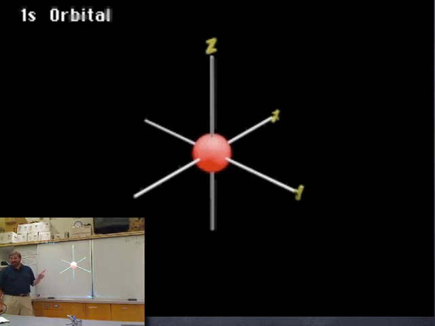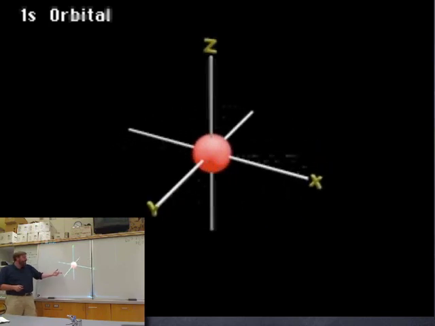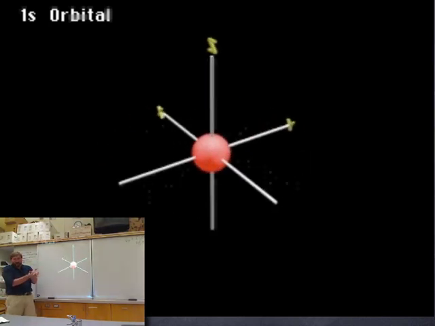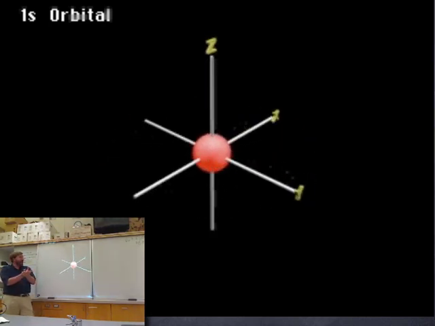And if I take this and start it going here, you can see it's essentially just a sphere. It's a spherical volume of space that encompasses 90% of the probability of finding an electron. For a hydrogen atom, well, for all atoms, this is the lowest energy orbital.